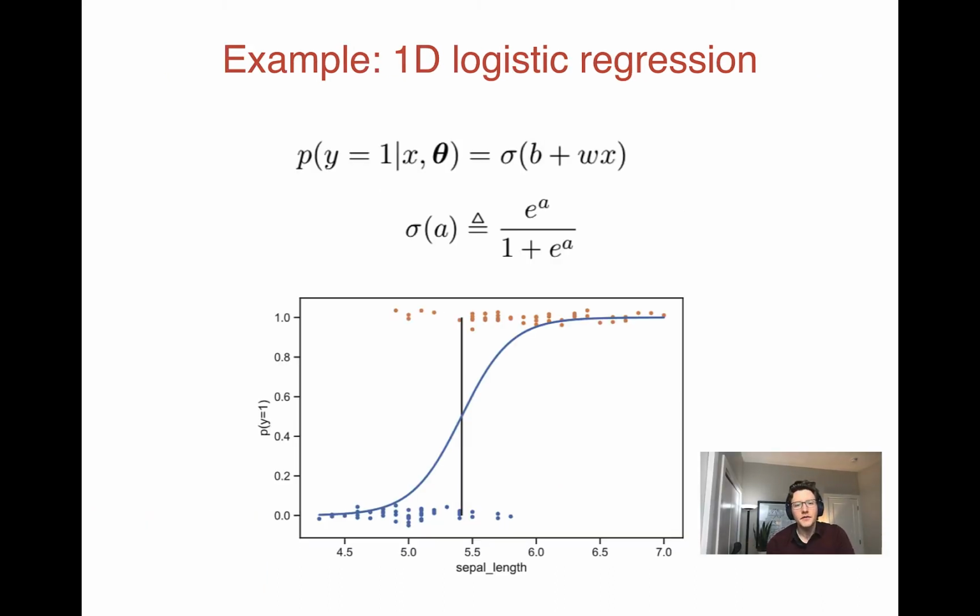Okay, so this has all been very abstract. So let's make it a bit more concrete. Let's use a logistic regression model as an example. And again, we're going to go into more detail about logistic regression later.